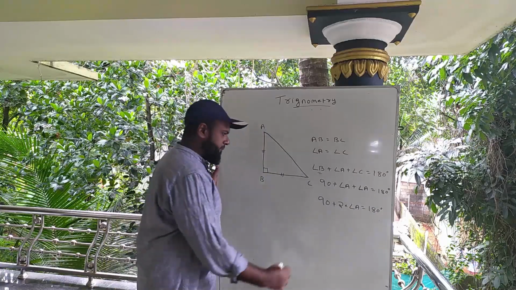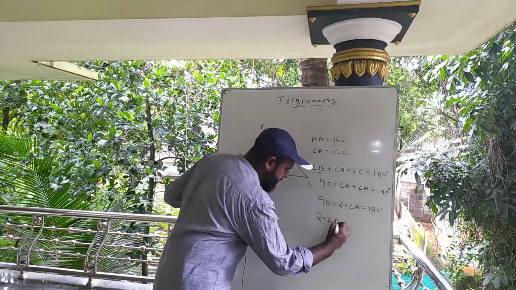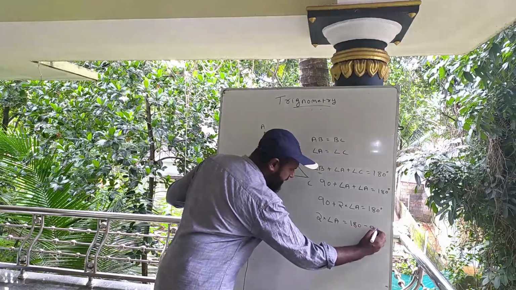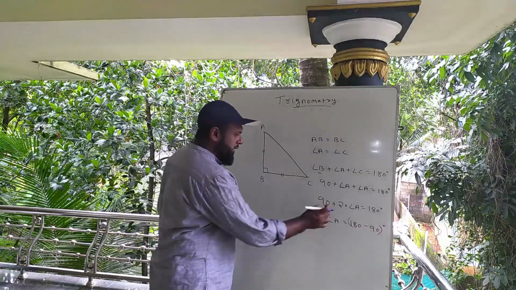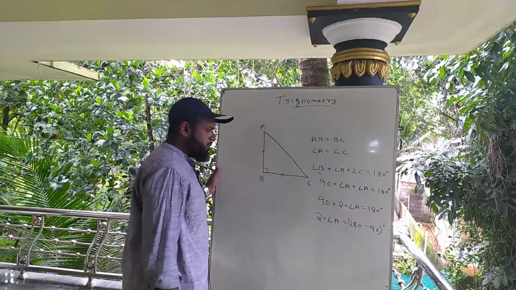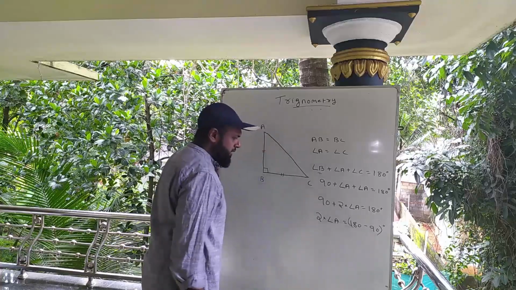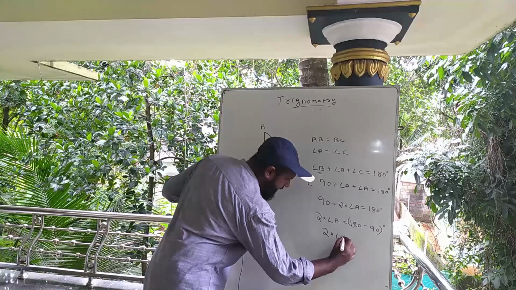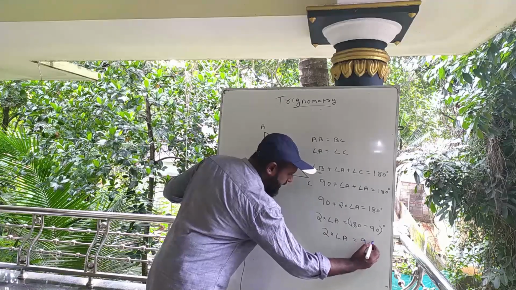We can say 2 into angle A equal to 180 minus 90 degree, because here 90 is added with 2 into A, so when it crosses the equal sign, it becomes minus. So 2 into angle A equal to 90 degree.